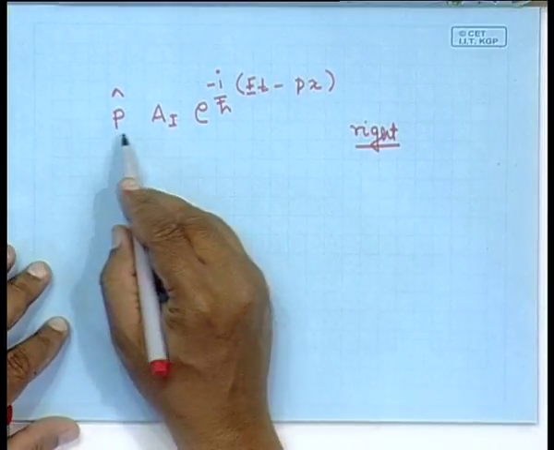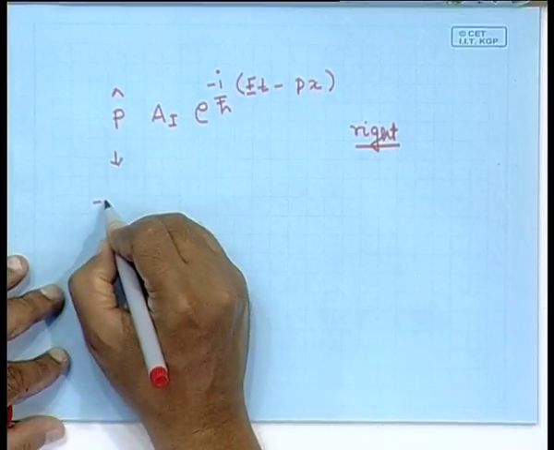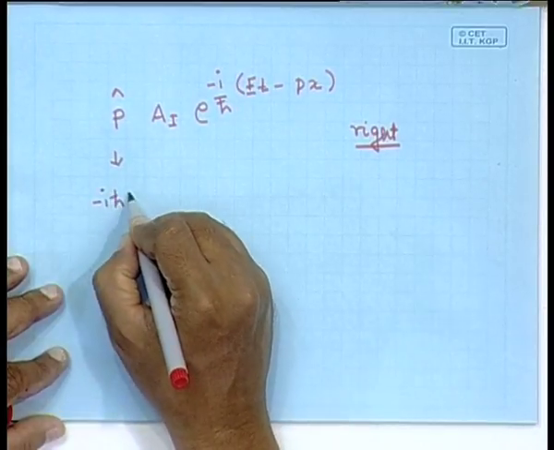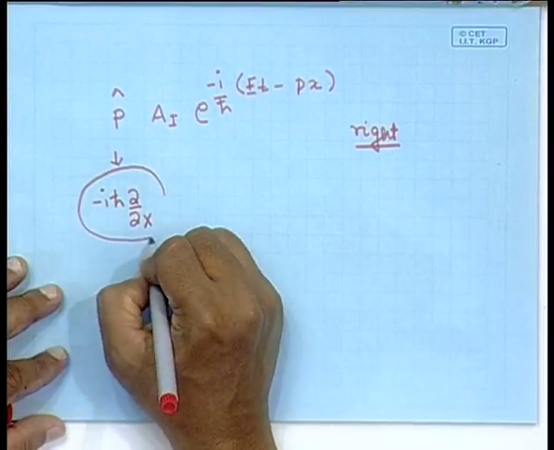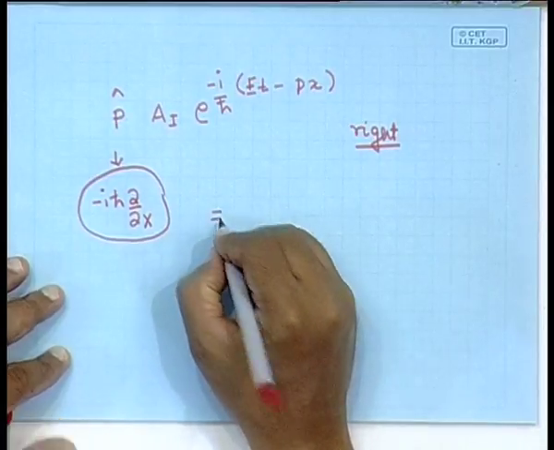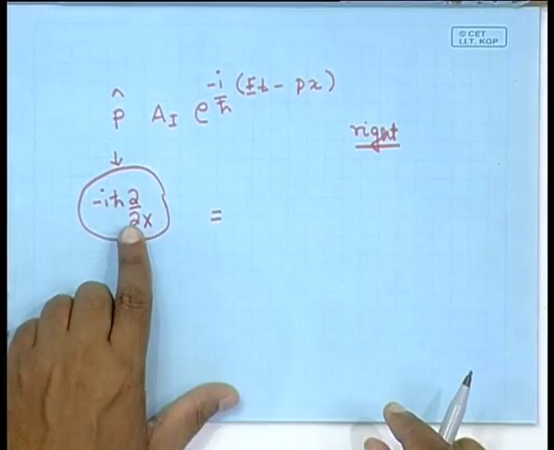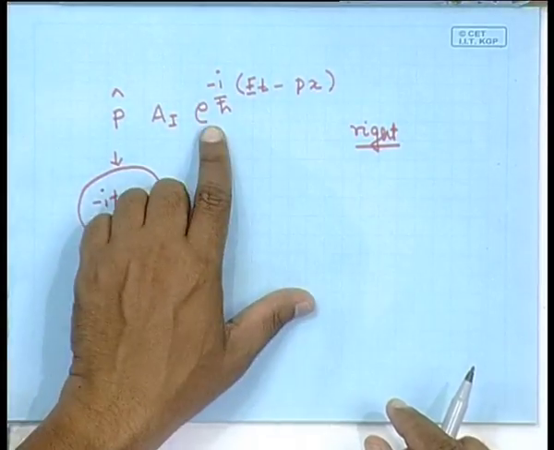When I act with the momentum operator, which is minus i h cross del by del x, on this, if I differentiate with respect to x, I will pick up i p by h cross.